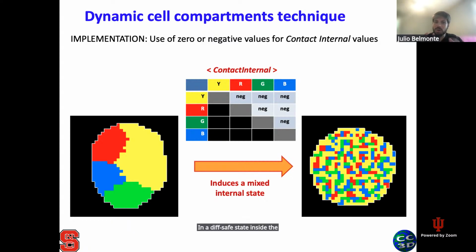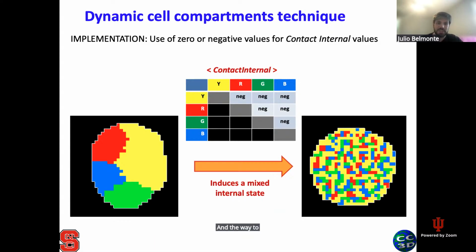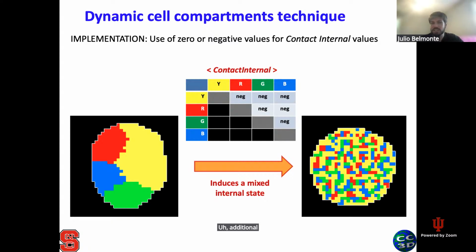And once there's some kind of external signal or contact interaction, these proteins may start to accumulate at a specific side of the cell. And the way to induce this mixed internal state of all your compartments is by just assigning negative contact energies to all your internal compartments.